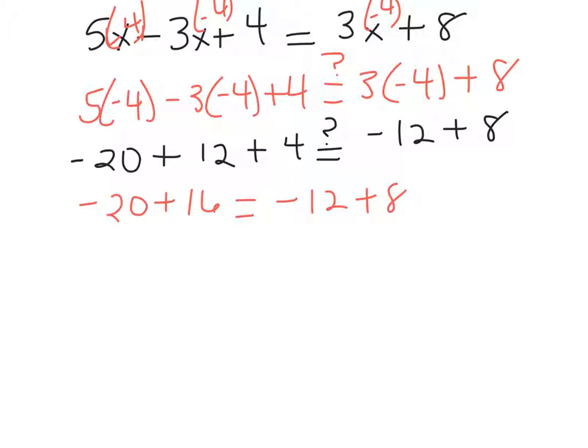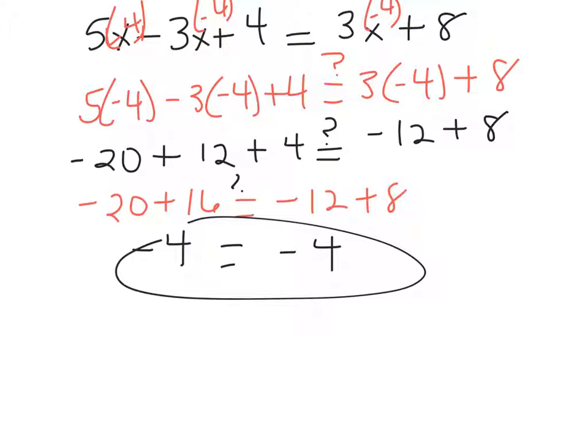And when I combine my like terms here, I end up with negative 4. Negative 20 plus 16 is negative 4 on this side. And over here it is likewise negative 12 plus 8 is going to be 4. So this checks out. My solution is correct.